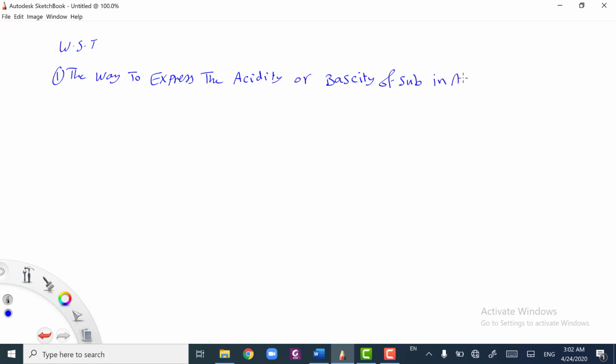Write the scientific term: the way to express the acidity or basicity of a substance in aqueous solution.